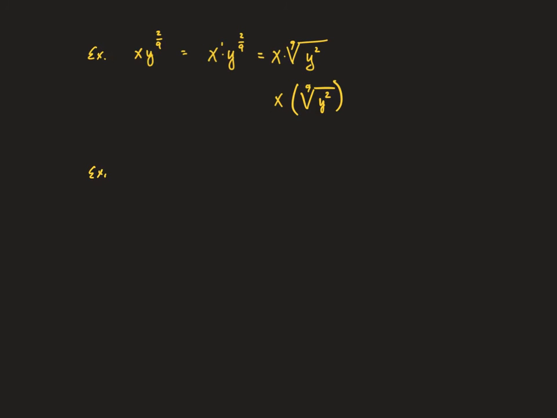Let's see here. Another example might be if we were looking at the cube root of x to the 5th power y. Well, what would be an equivalent expression there? Well, I do know, again, the index becomes the denominator of the power. So if I were to, again, separate this a little bit, I have the 3rd root of x to the 5th times y to the 1st. You have to remember, there wasn't an exponent there, but we know it's 1. So as I do that conversion, this becomes my denominator.